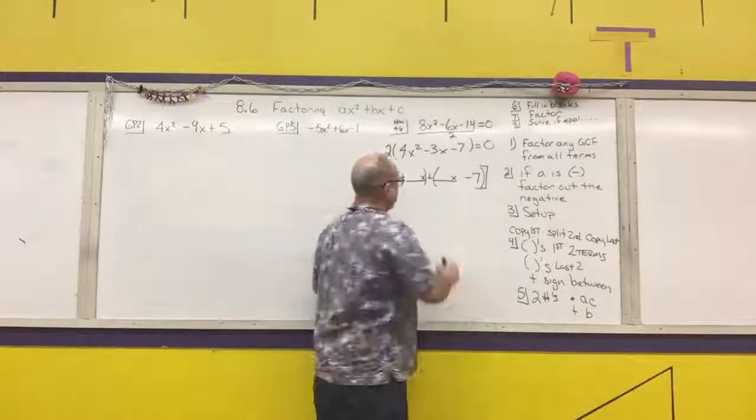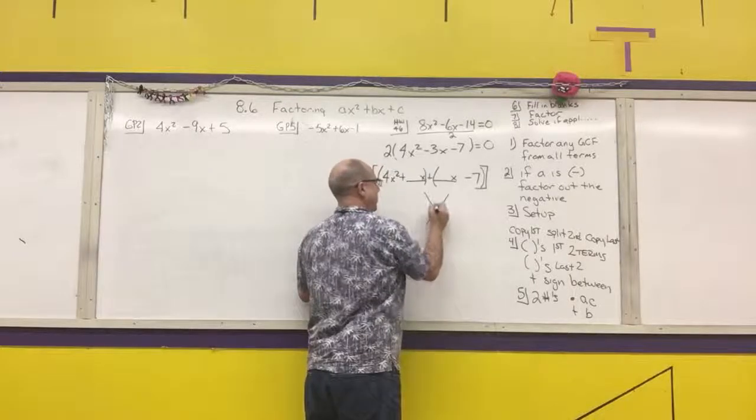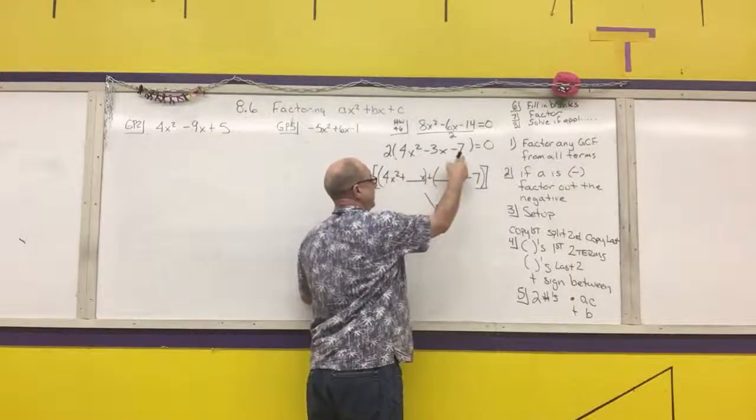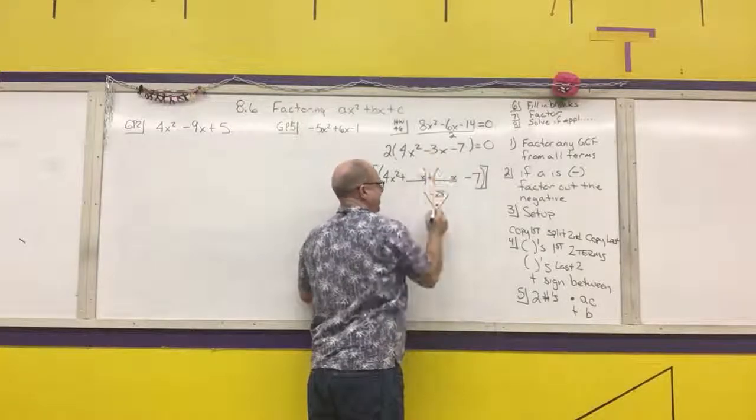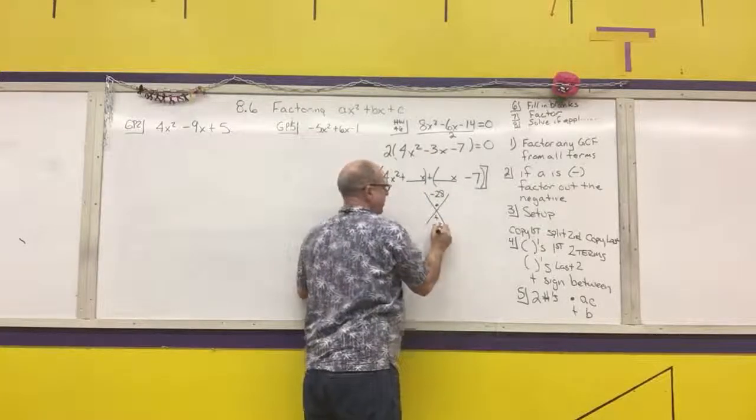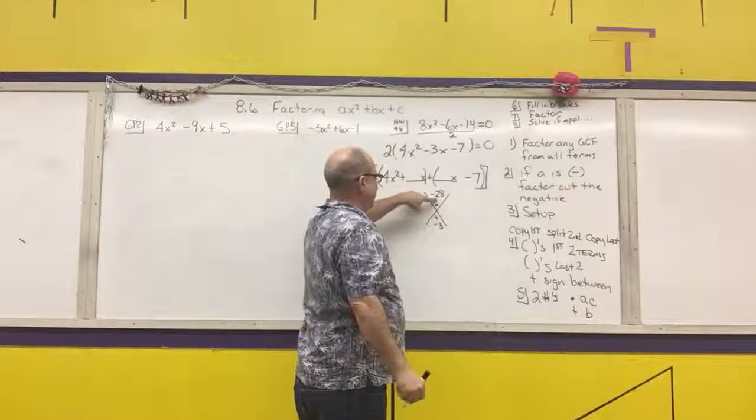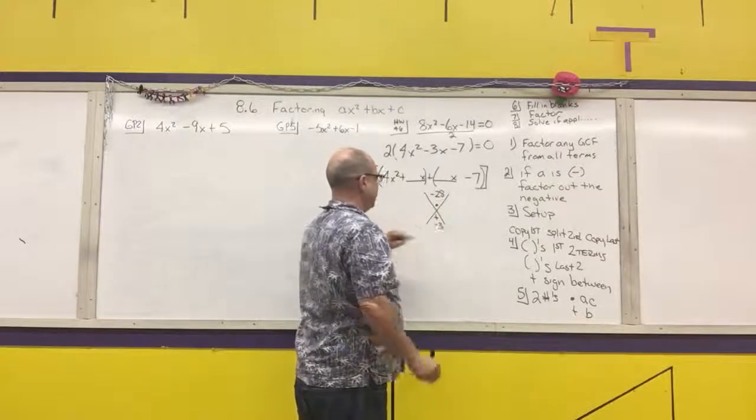Find two numbers that multiply to 4 times -7, which is -28, that add to -3. They have to have opposite signs. The largest magnitude is negative.